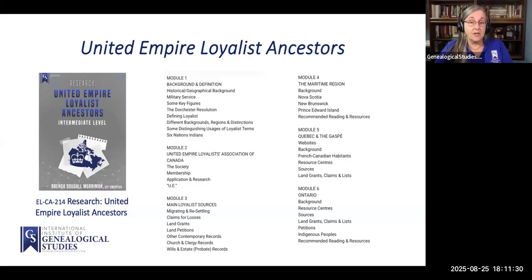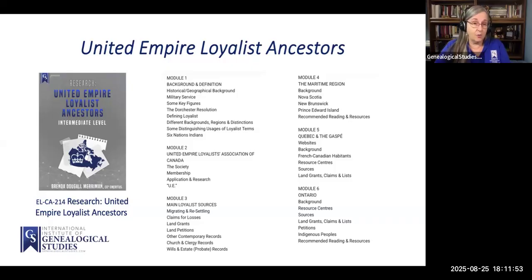And then it's April 1775 when things started. So they had to be a resident before that. They remained loyal to the crown and they gave some kind of service to the British during the American Revolution.